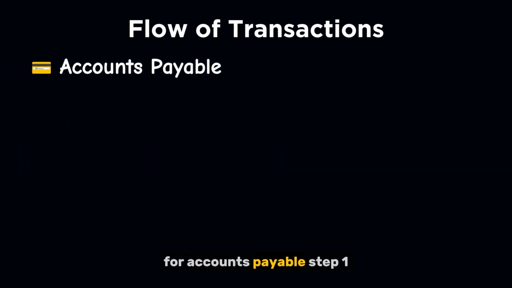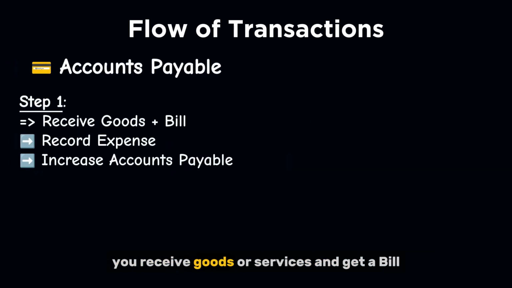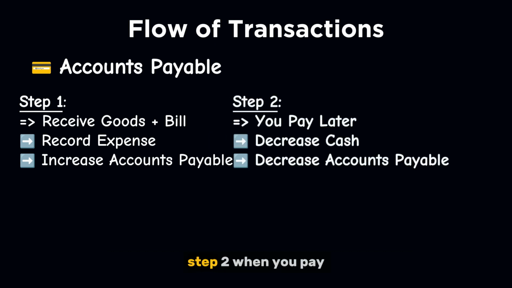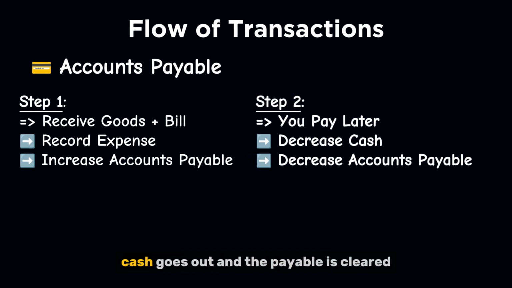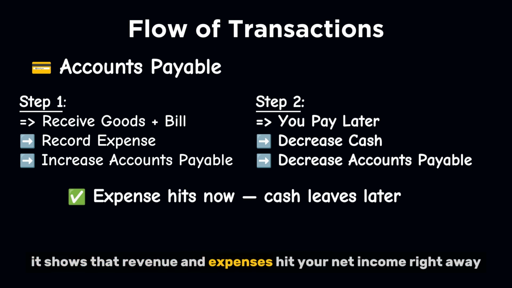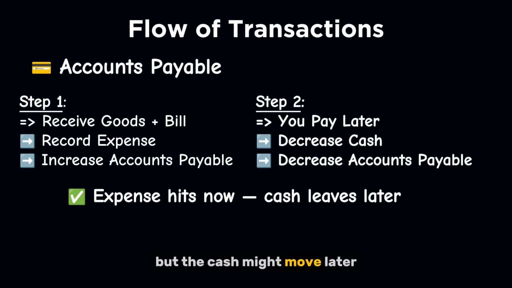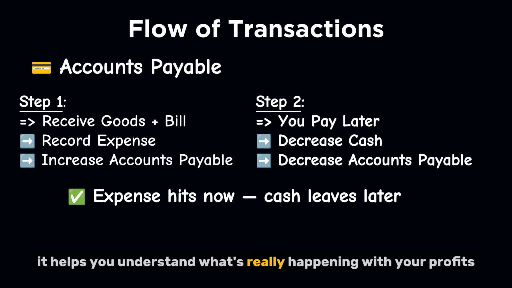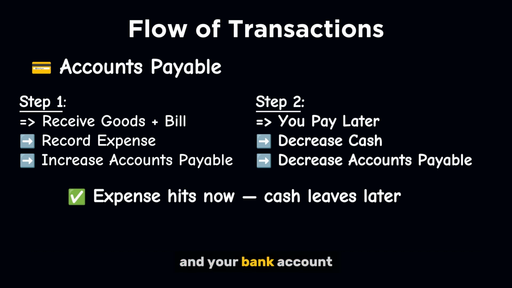For accounts payable, step 1, you receive goods or services and get a bill. You record the expense and increase your accounts payable. Step 2, when you pay, cash goes out and the payable is cleared. This timeline matters. It shows that revenue and expenses hit your net income right away, but the cash might move later. That's why tracking receivables and payables is so important. It helps you understand what's really happening with your profits and your bank account.